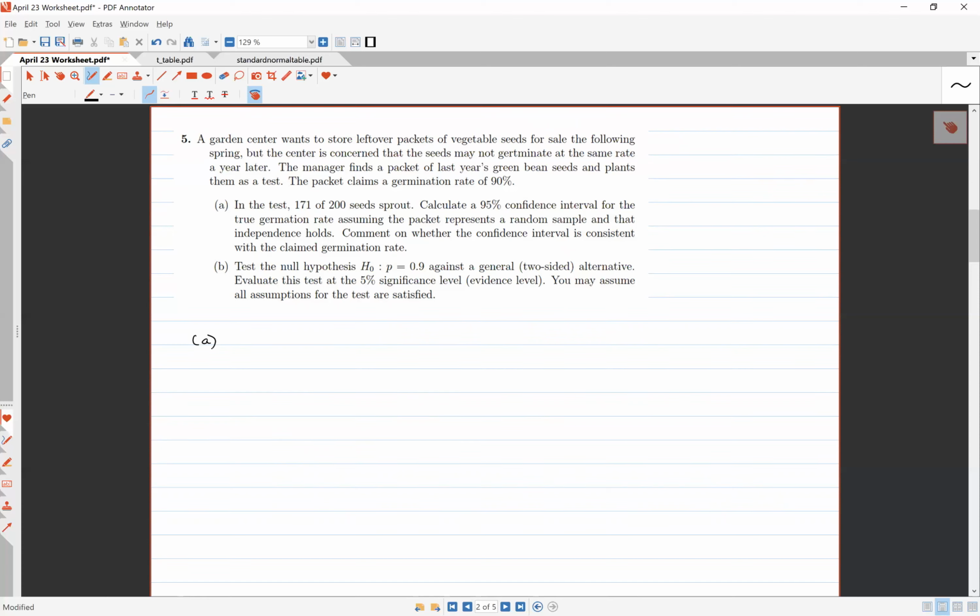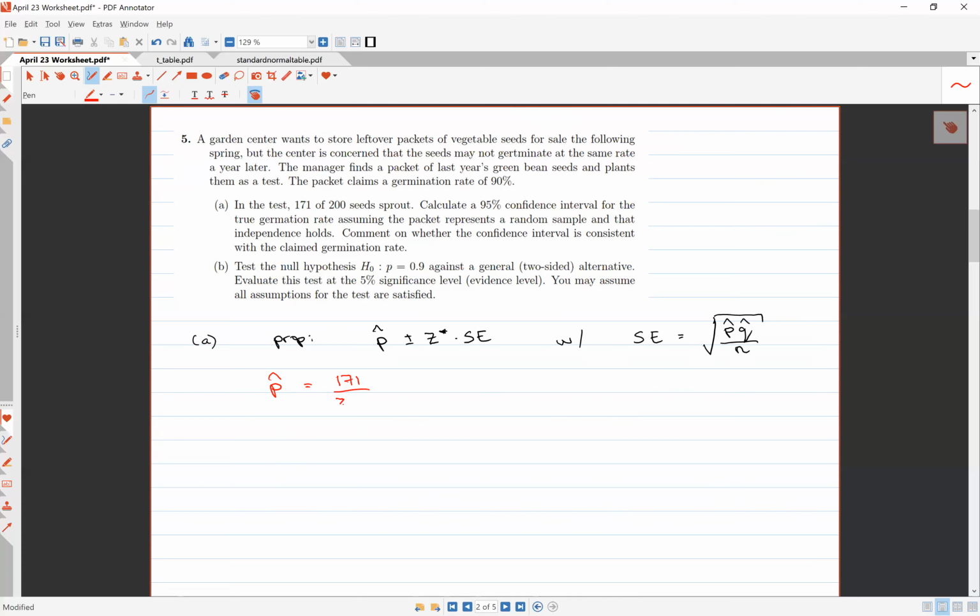So if we're doing a confidence interval for a proportion, the formula is p hat plus or minus z star times standard error, where if you're dealing with a proportion, the standard error is given by square root of p hat q hat over n. So in this case, what is our p hat? What is the sample germination rate?